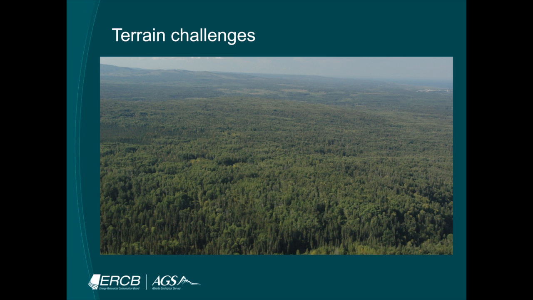One of the major problems is that we're mapping the composition of the surface, the geological materials within the upper few meters. How can you have an accurate map in an area such as this, where there's almost no access and no visibility of the landforms?